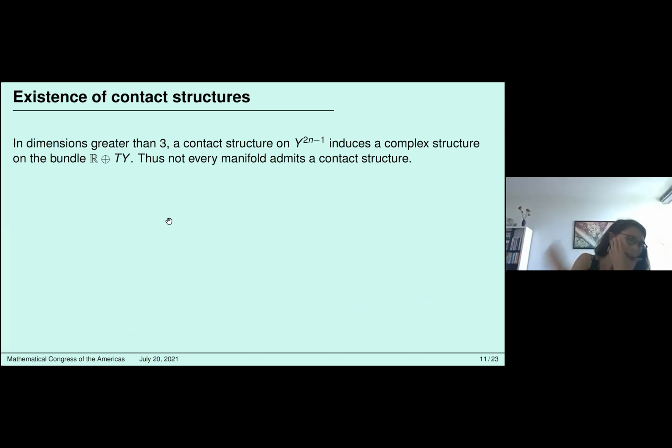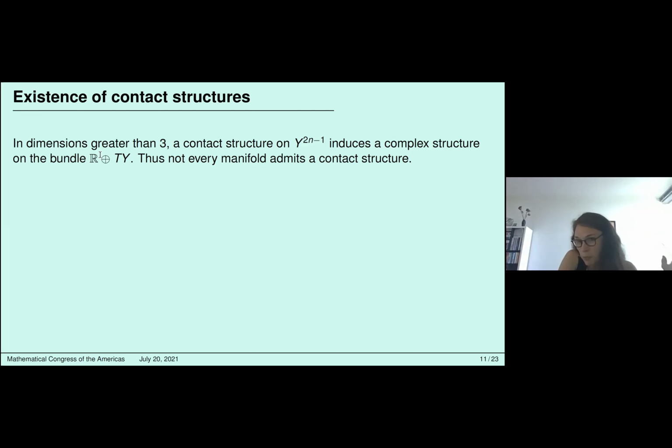Okay, so now in higher dimensions, it's not true that every manifold has a contact structure, because remember what a contact structure is. It's kind of like what an affine variety looks like at infinity. So in particular, it has a stabilized complex structure on its tangent bundle.